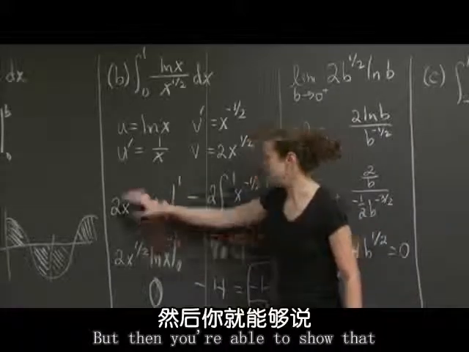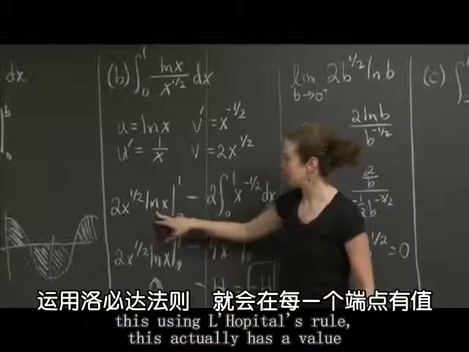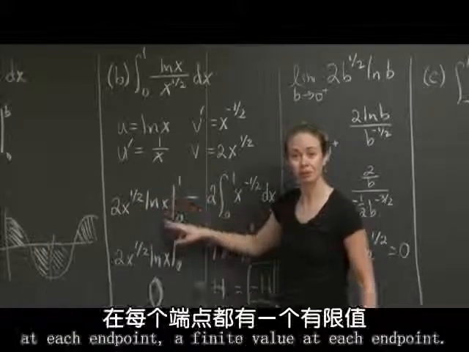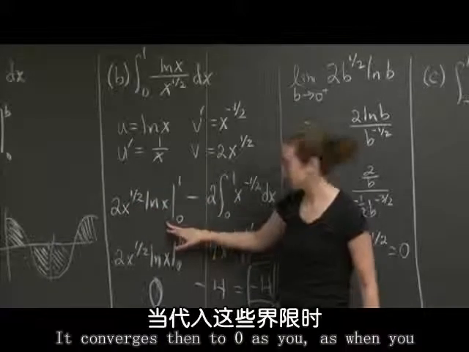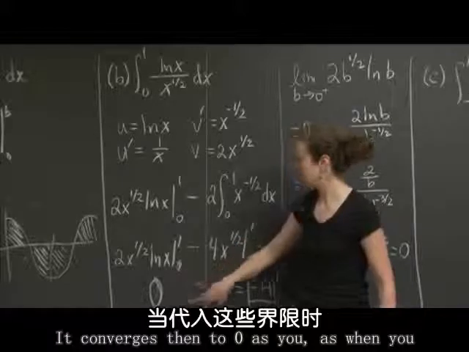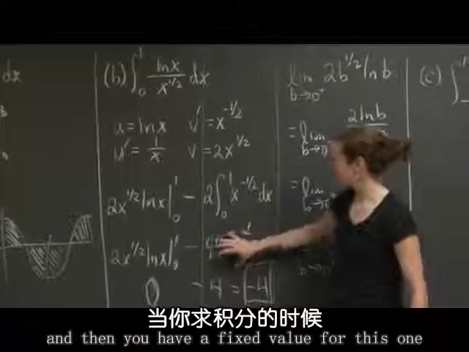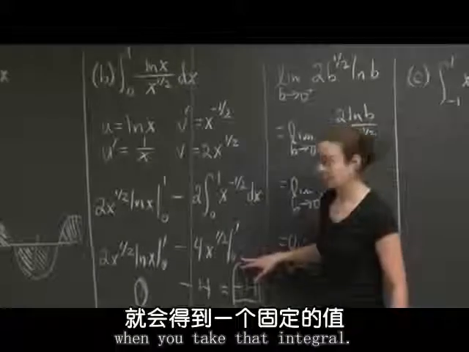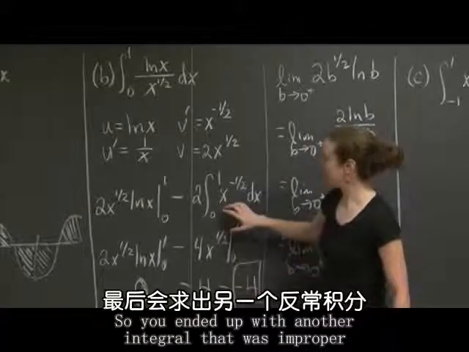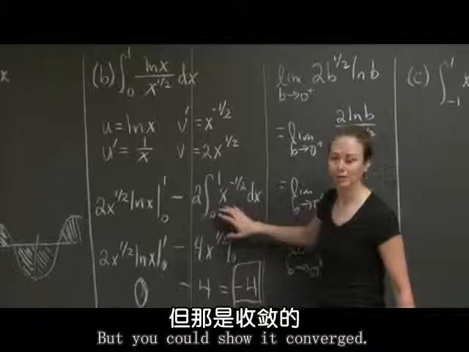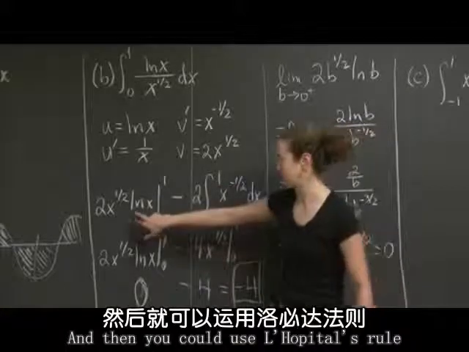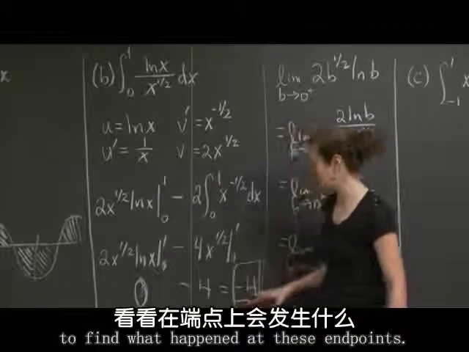But then you're able to show that using L'Hopital's rule, this actually has a finite value at each endpoint. It converges then to 0 when you put in these bounds. And then you have a fixed value for this one when you take that integral. And so you ended up with another integral that was improper, but you could show it converged. And then you could use L'Hopital's rule to find what happened at these endpoints, and you get a value of -4.